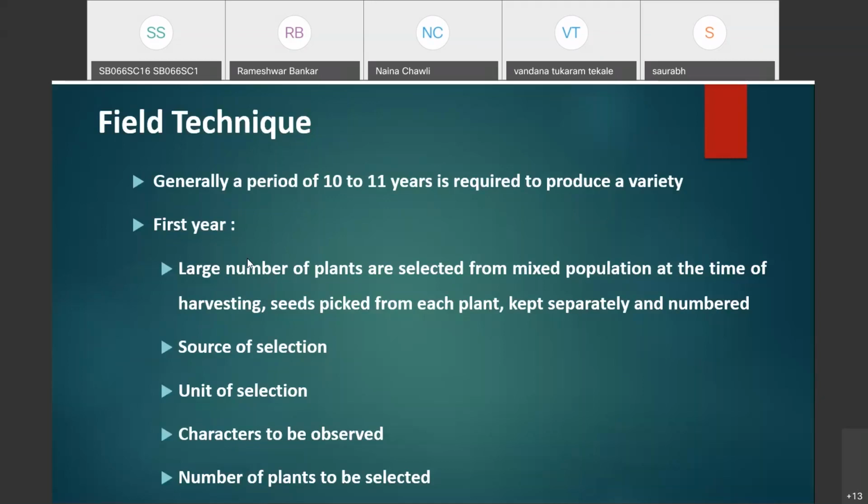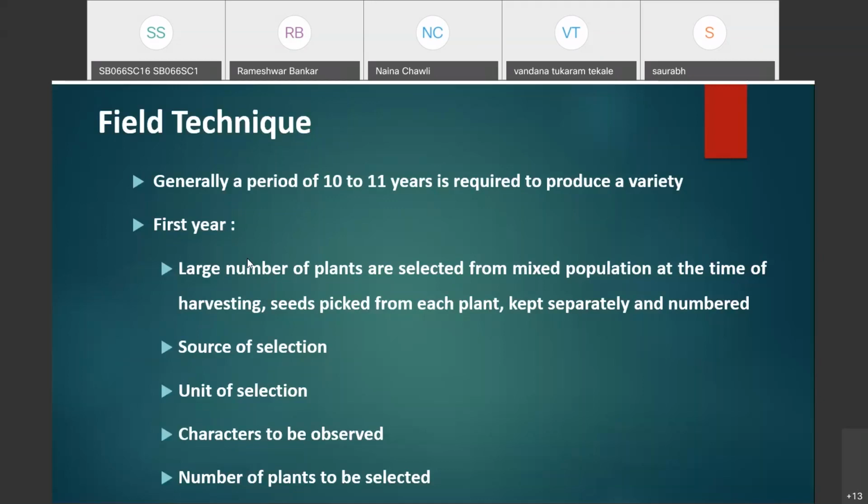As far as possible, a large number of plants are selected. Then these are harvested, their seeds are collected, kept separately and numbered. Then regarding the source of selection, from where the selection is carried out, generally the selection is carried out from the farmer's field or the research farm or the research station.